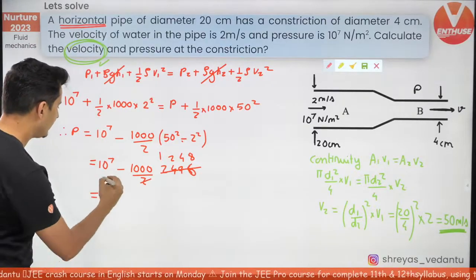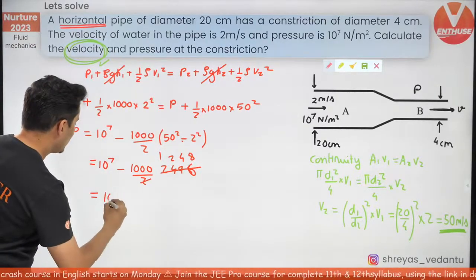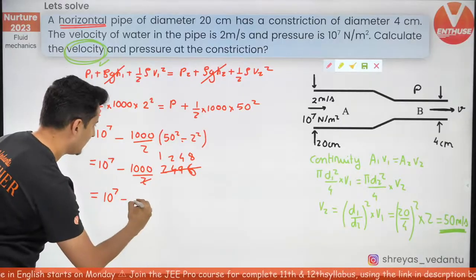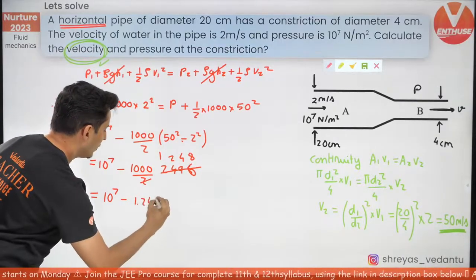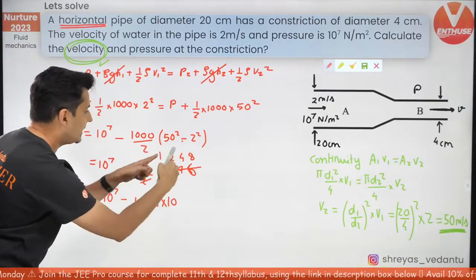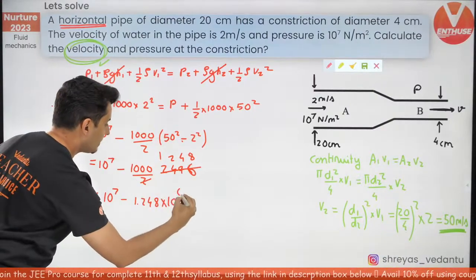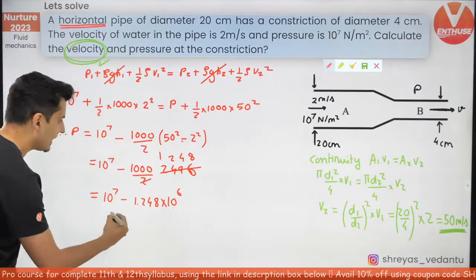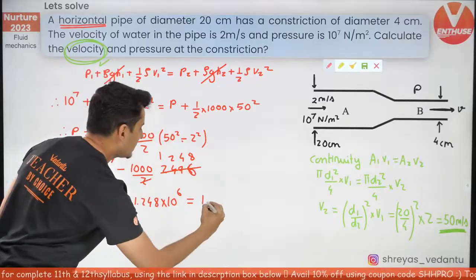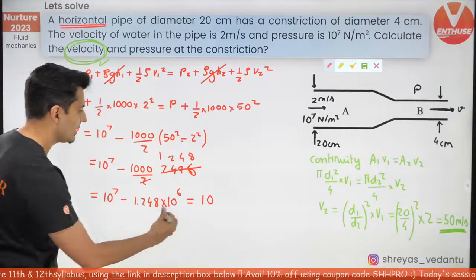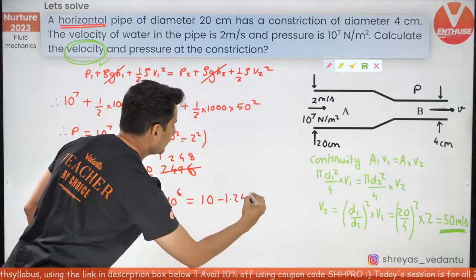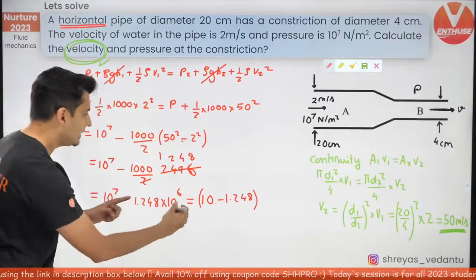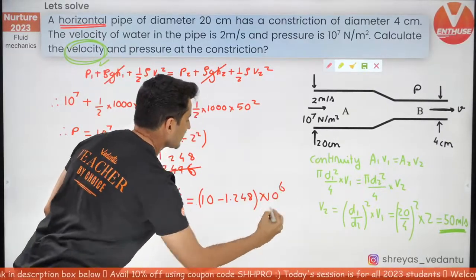So I can write this as 10 to the power 7 minus 1.248 into 10 to the power 3, into 10 to the power 3, so 10 to the power 6. I can take 10 to the power 6 common, so 10 minus 1.248, the whole thing into 10 to the power 6.